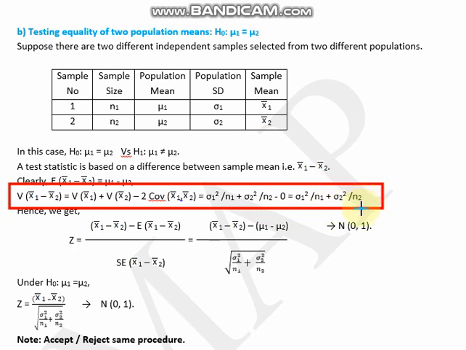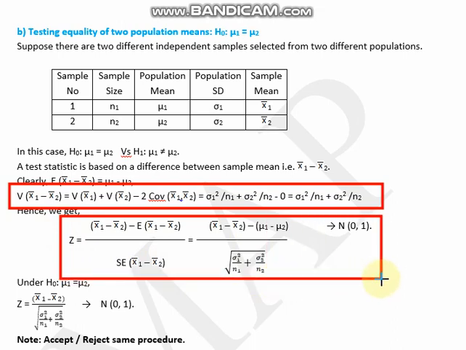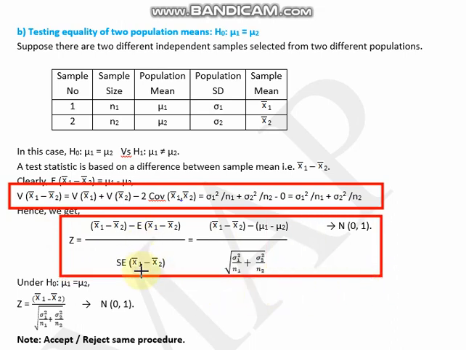And as per the central limit theorem, our z statistic value becomes x minus expectation of x divided by standard error of x. In this case my x is x bar 1 minus x bar 2. So x minus expectation of x is x bar 1 minus x bar 2 minus mu1 minus mu2, divided by standard error of x bar 1 minus x bar 2, which we have calculated.